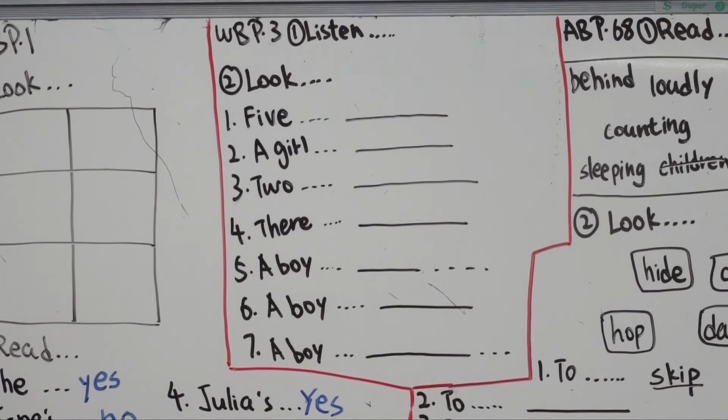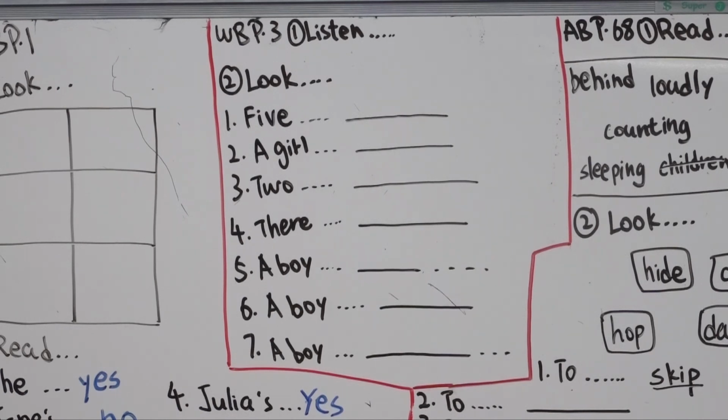Unit 9. Lesson 3. 1. Listen and point. Look at this picture of the playground. Can you see some children who are eating their lunch? Yes, I can. A boy is eating a sandwich and a girl is eating an apple.